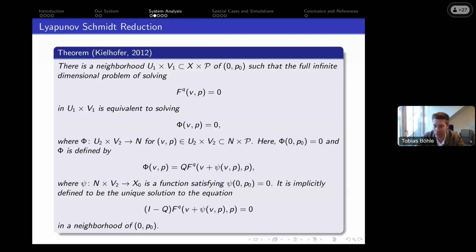What's important is only that we can now restrict to this finite dimensional problem.